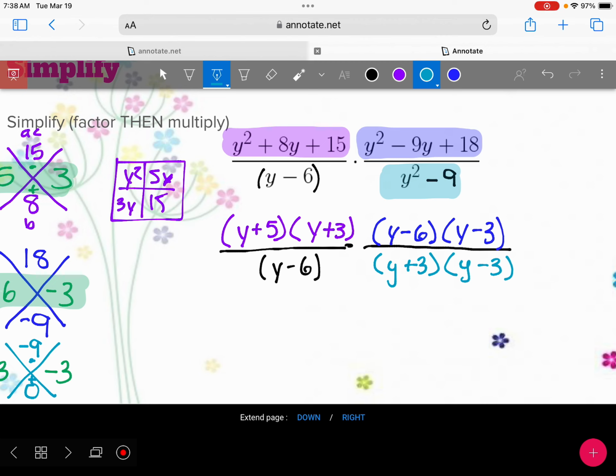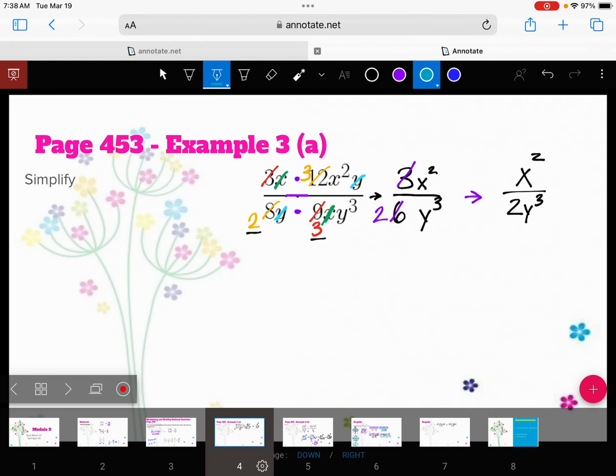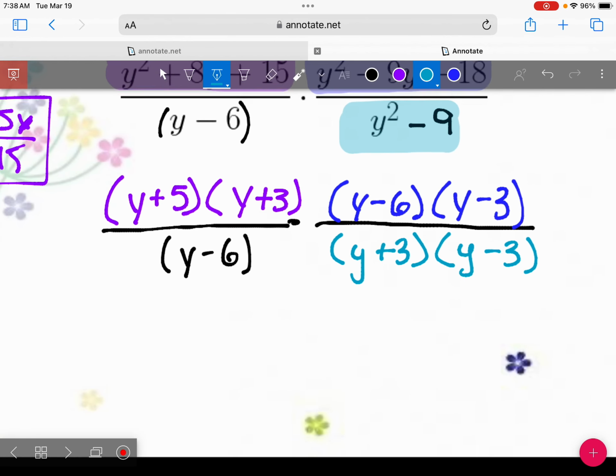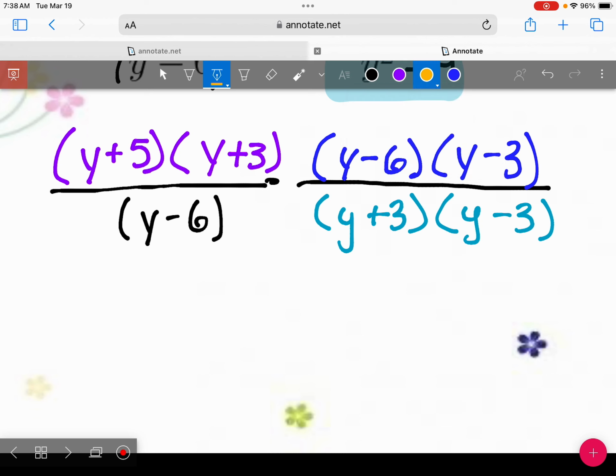Now we are looking at the whole thing where we're multiplying and trying to simplify. Just like we did over here, we found some things that were the same top and bottom that let us cancel out. So what things can we cancel out over here? The y minus 3's. Got one right here and one right here. What else?